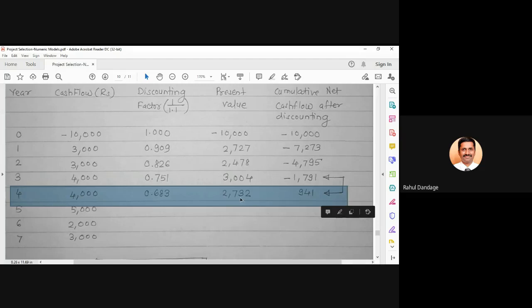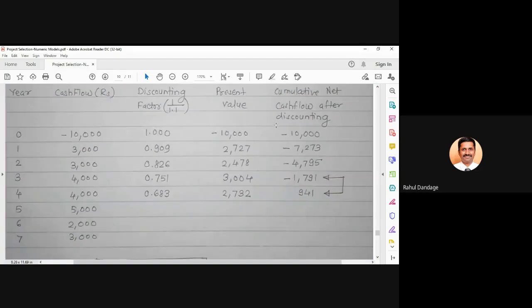And this 2732 added with minus 1791 will give us the cumulative net cash flow as 941.